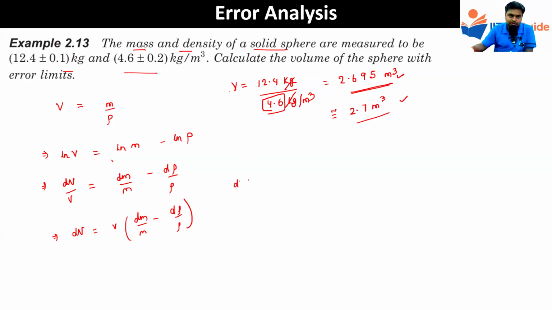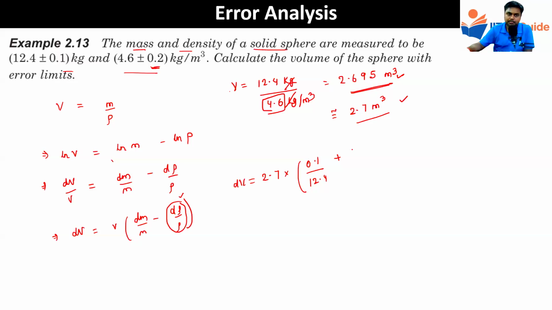So now dV will be equal to 2.7 into dm by m, which is 0.1 divided by 12.4. And here we have to do plus. Now why do we have to do plus? Because d rho, we can take it as minus 0.2, in order to maximize the error.